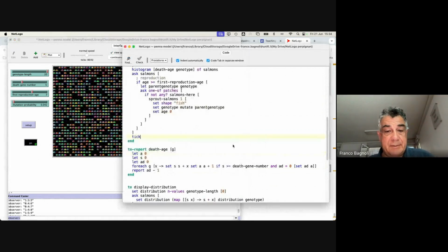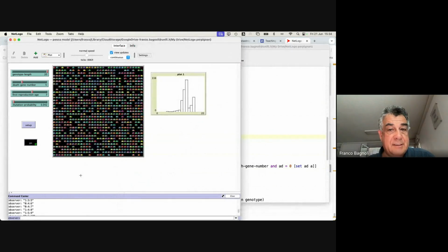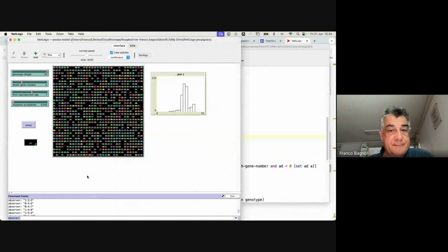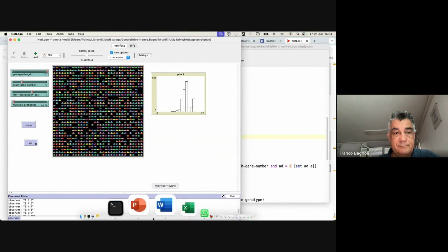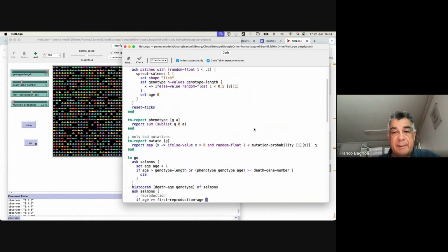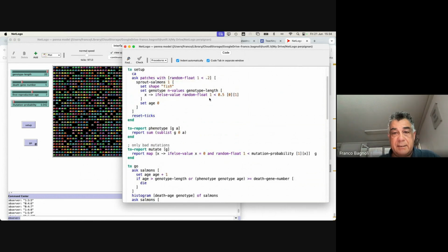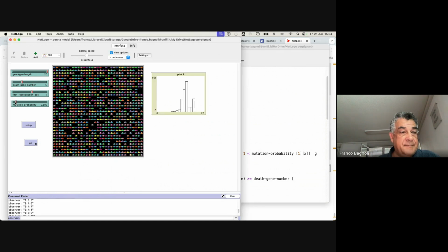You should check a bit this. It's not because when you generate genotype, there is 50-50. No, but only at the beginning. Only at the beginning. Yes, after that they are eliminated.